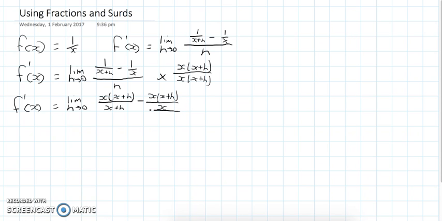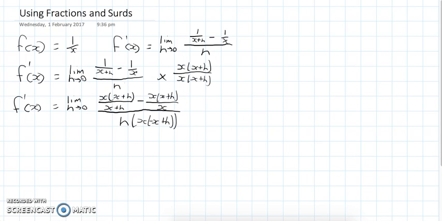All of this will be over h times x plus h. Seems a bit messy for the moment, but it will work out if we give it time.